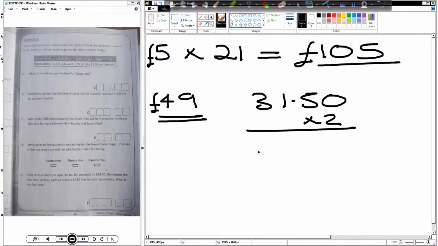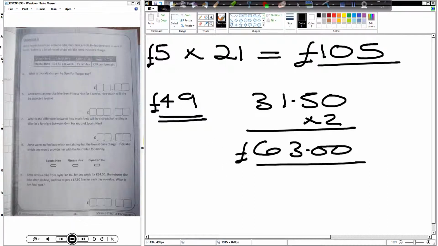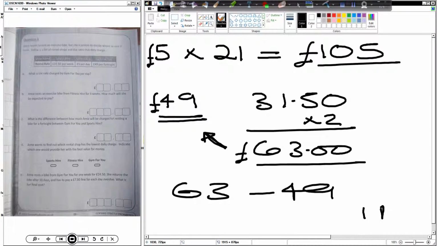So £31.50 times by 2 will give you £63. And they want to know what is the difference? So £63 minus the £49, and that will give you a total of £14. That is the answer for part C.